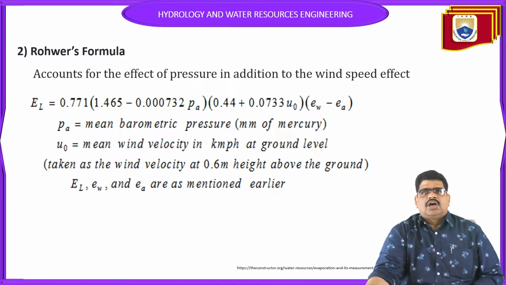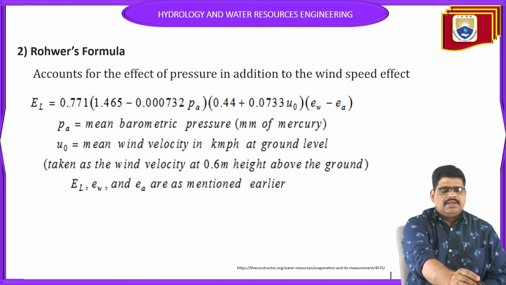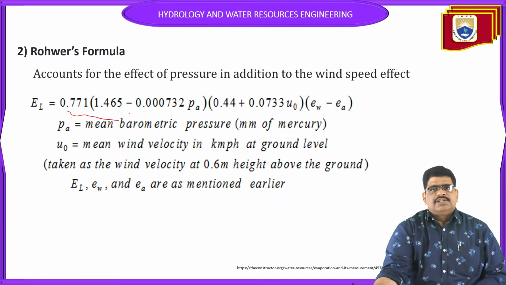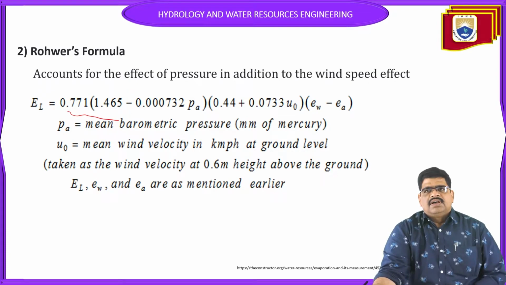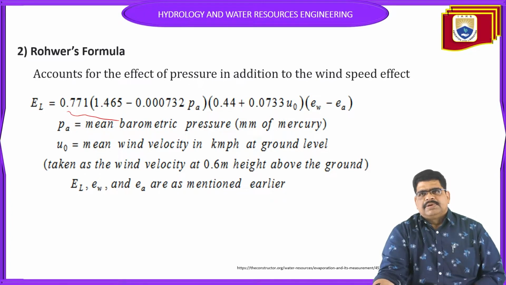Next one is Rohwer's formula, which also accounts for the effect of wind speed. In this formula you have to explain how the wind speed is used: EL is equal to 0.771 into (1.465 minus 0.00732 PA) into (0.44 plus 0.0733 U0) into (EW minus EA).